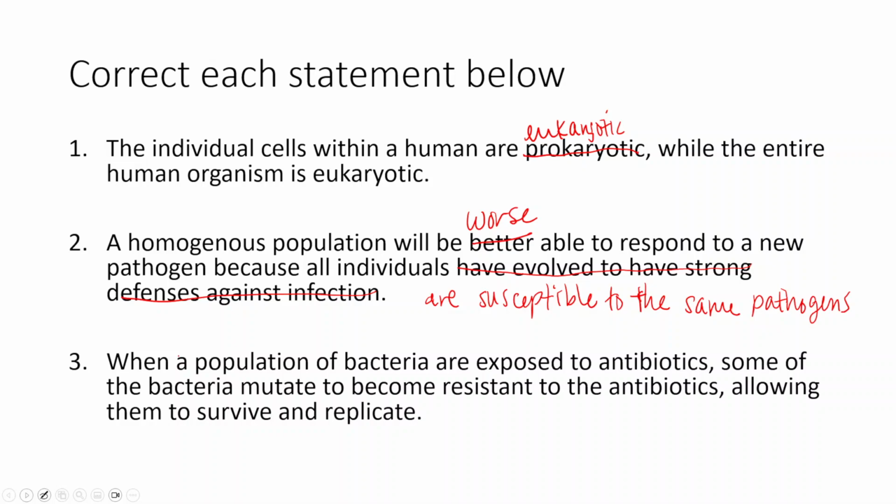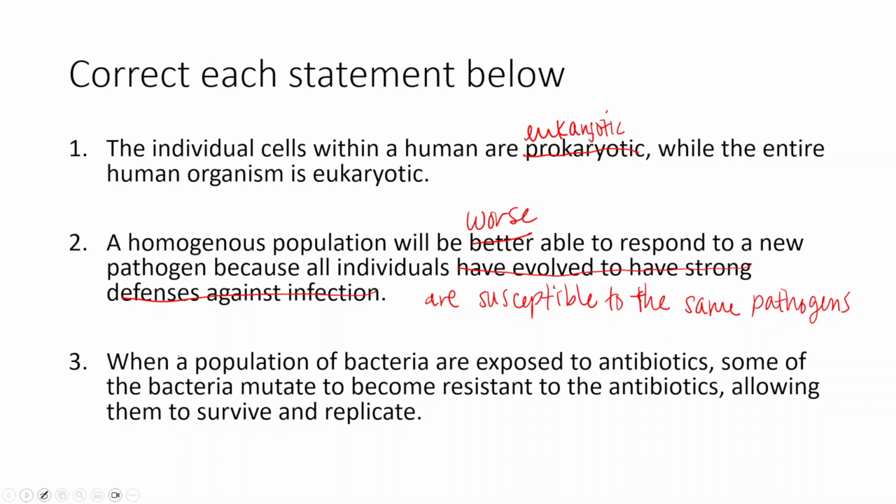The ones that are more resistant or less susceptible naturally will survive being exposed to the antibiotic, and those bacteria will be selected, and will survive and replicate. So antibiotics help to select for already existing resistant bacteria.